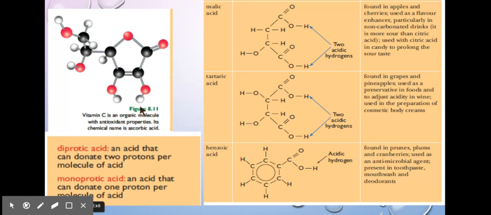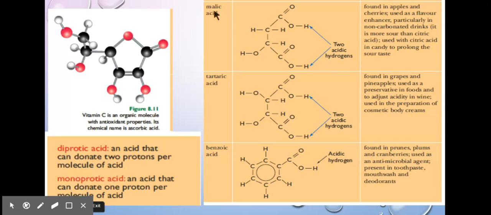Now that was a monoprotic acid, one proton. This has got two of those carboxylic acid groups. These two groupings here are able to undergo equilibrium reactions and remove those hydrogen ions, and that makes this a diprotic acid.